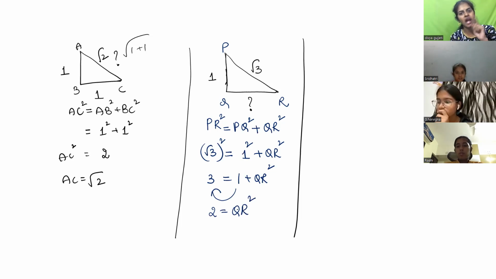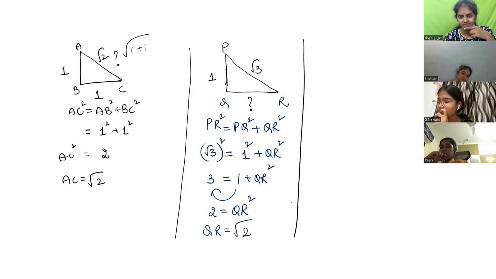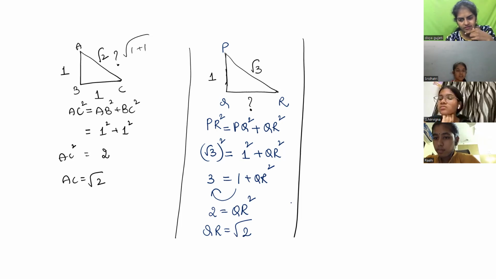Now I need the QR value. So QR would be square root of 2. I got it. So somewhere you missed your root. Were you able to do it?